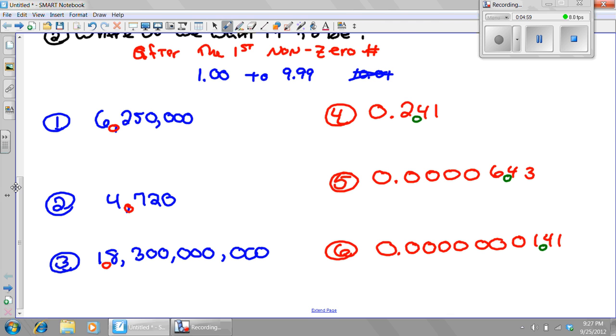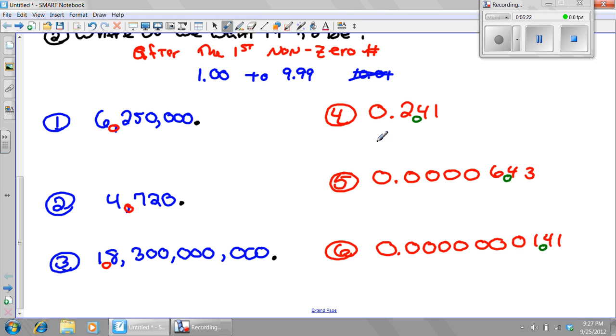All right, well, here's how easy this is, converting to scientific notation. I'm going to look at question number 1: where is my decimal point? Well, when you don't see a decimal point, you assume it to be at the end, right? So in the blue problems, the decimal point is that black point at the end of the number.